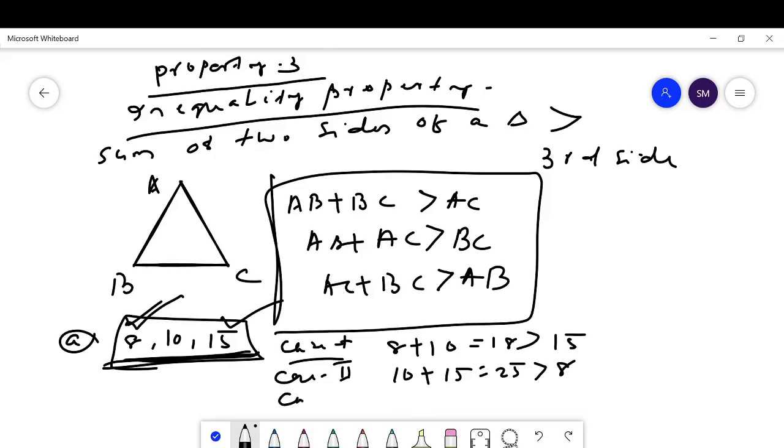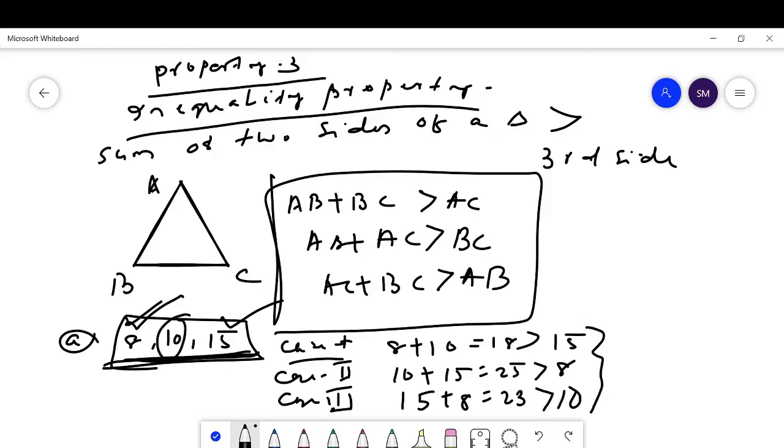Then next case 3. The case 3 says, suppose 15 plus 8 which equals 23. Yes, this is greater than the third side 10.